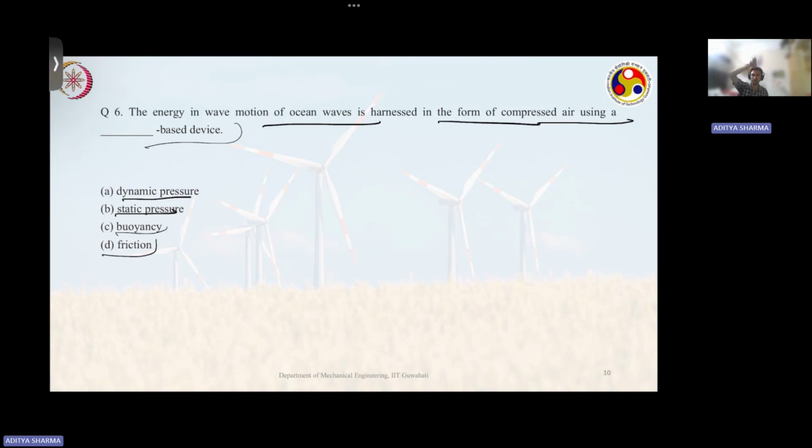So this motion is used to compress your air, and then this compressed air is given to some turbine. From there you get your electricity. So the correct answer to this question is option C. I hope you guys got this.